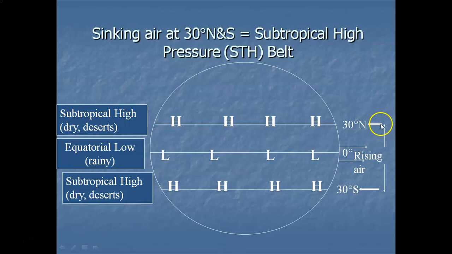And there is a tendency for this originally rising air to start to sink at 30 degrees north and south. So this is set up mechanically, so you wind up with a belt of sinking air in the subtropics, and so it's called the subtropical high pressure belt, and we often abbreviate it STH for subtropical high.